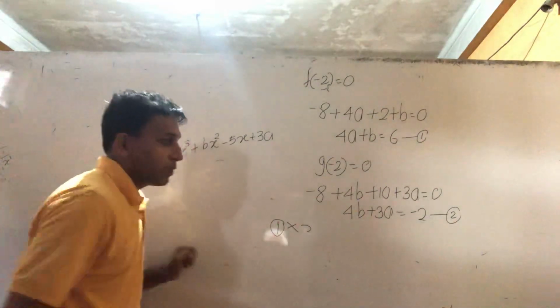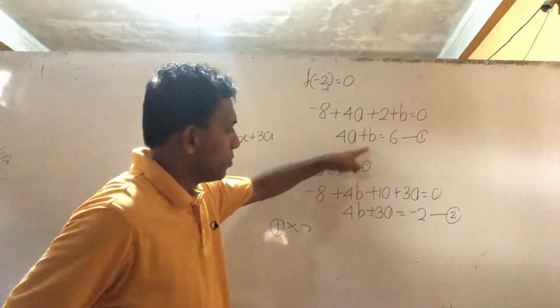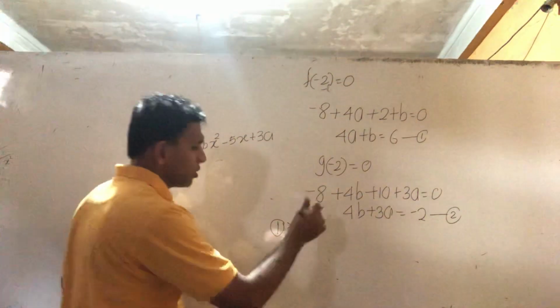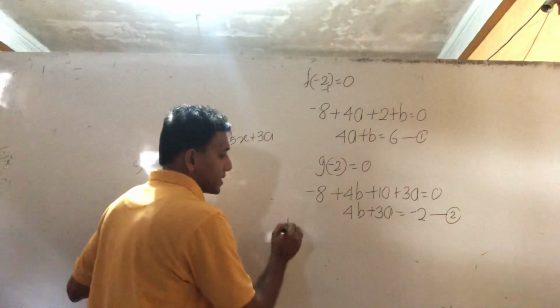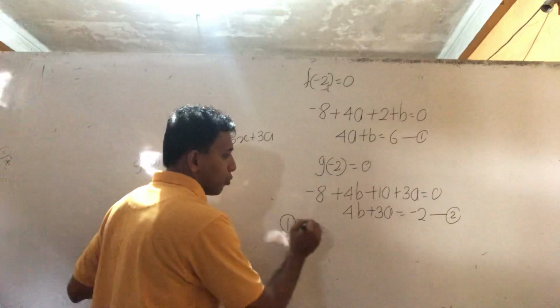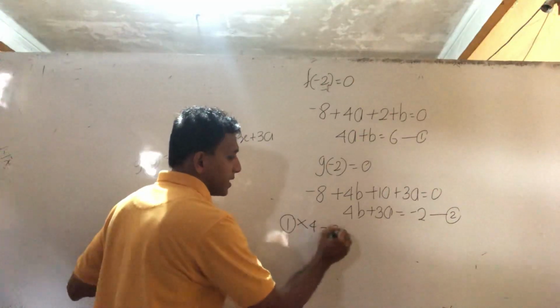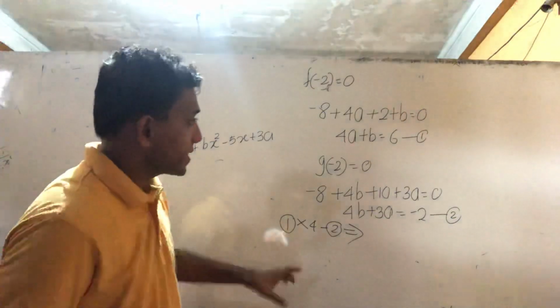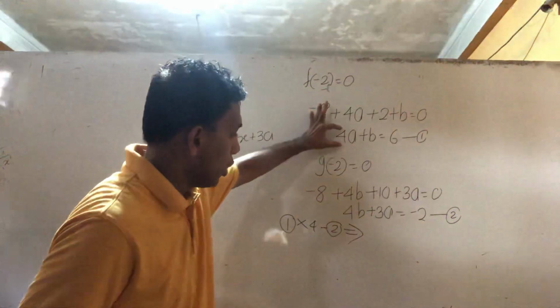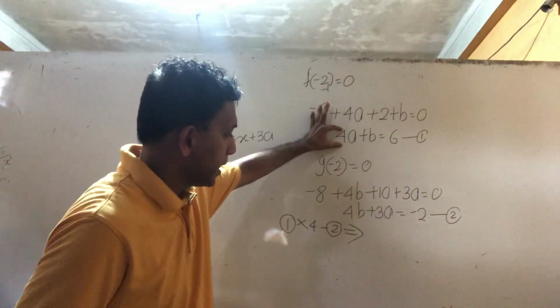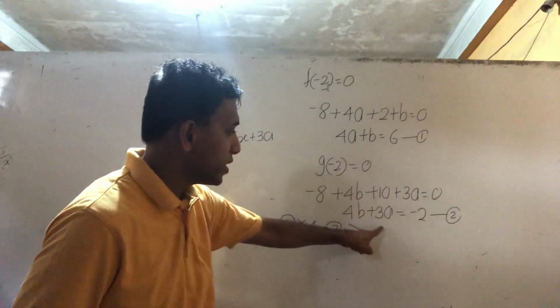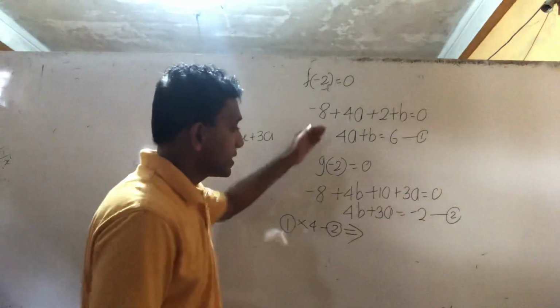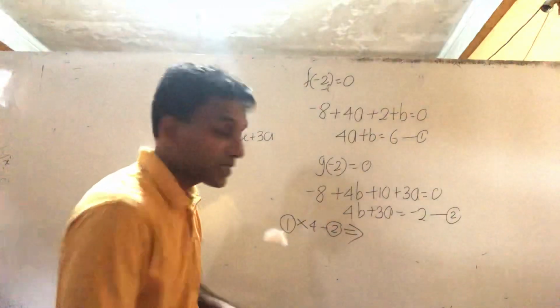Therefore I make 4b here and 4b there, so I can subtract and remove the b. First equation multiplied by 4, subtract the second equation, all your maths, okay? 16a subtract 3a, 16 minus 3, that's 13a, is it?